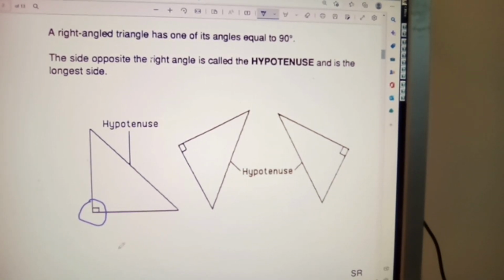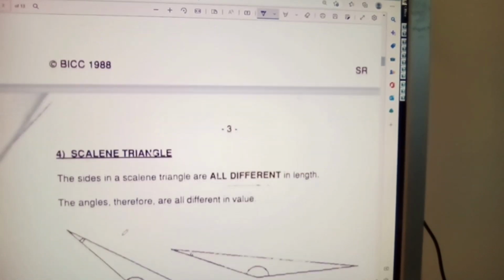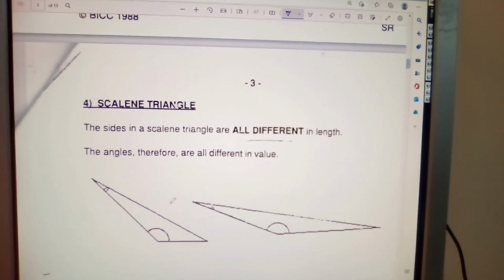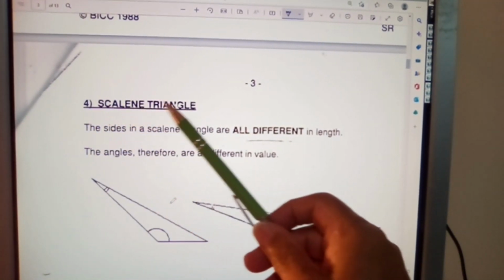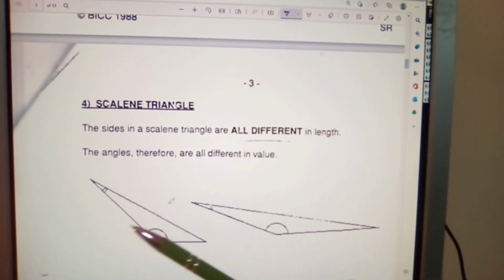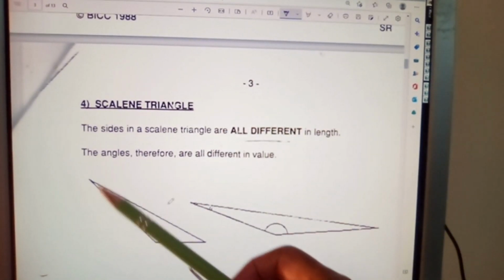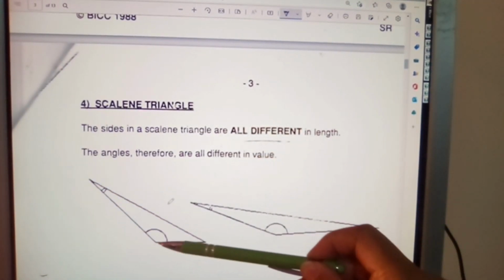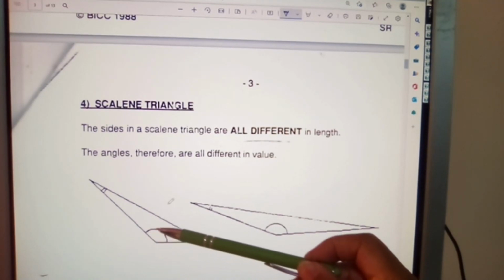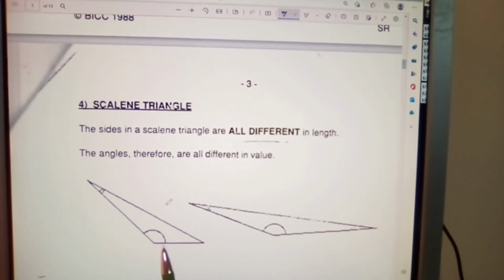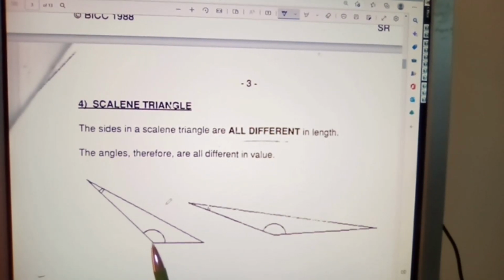Right, scalene triangle. The sides in a scalene triangle are all different in length. Different length, different length, different length. The angle here, remembering that a straight line is always at 180 degrees. Imagine that you have taken that line there all the way along here.